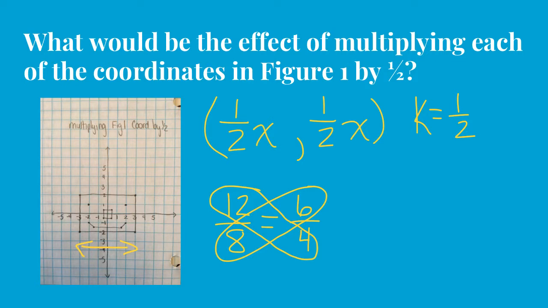All right, so I have a similar figure. The other effect is that my new shape is going to be half as wide and half as tall as the original. Now, in our next lesson, we're going to see how perimeter and area are affected when you dilate a figure.